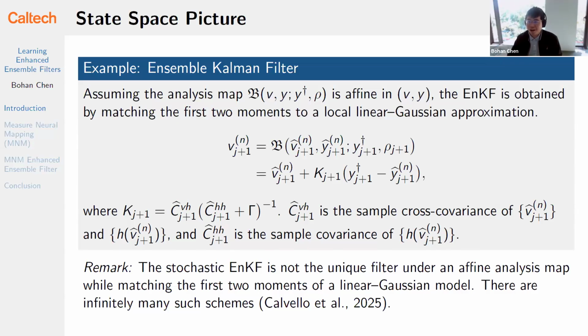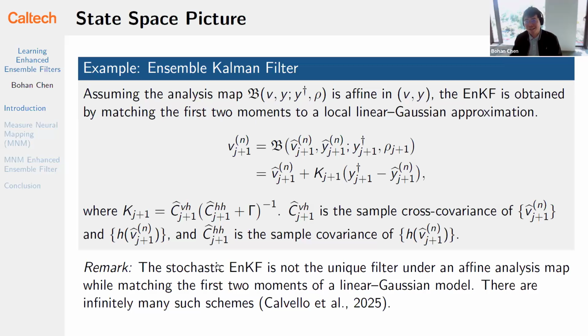Here I want to make a remark. This EnKF is a well-known filter scheme, but it is not the unique filter under the affine analysis of the map script B. That is, if we assume that this B is affine, and we want to solve the equation to match the first two moments of the linear Gaussian approximation, there is, in fact, an infinite number of choices of such a scheme.